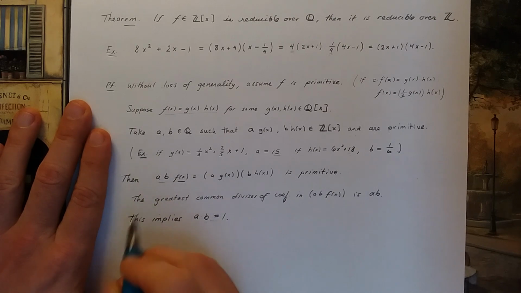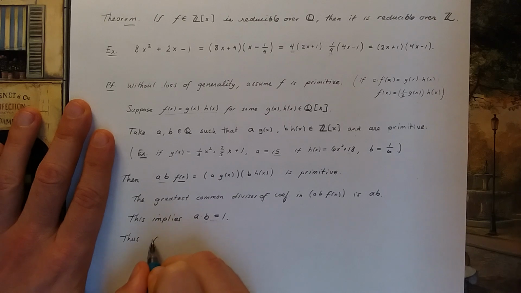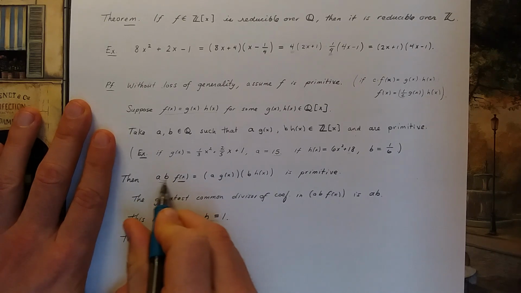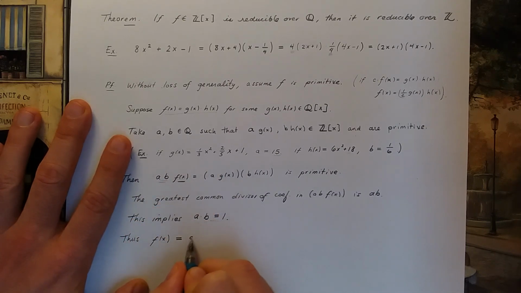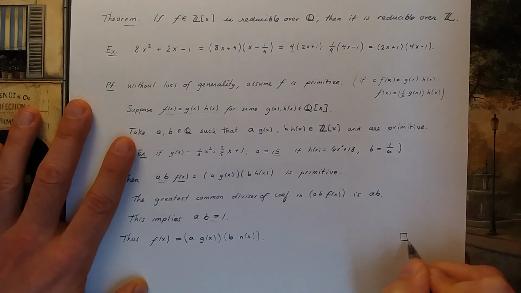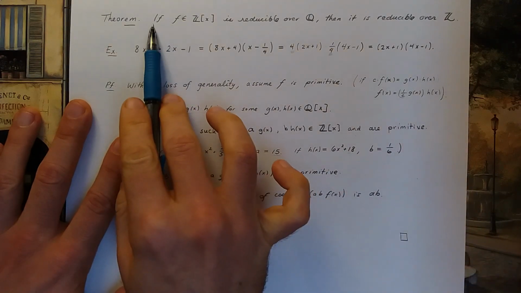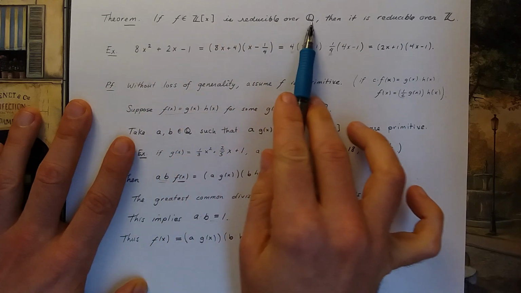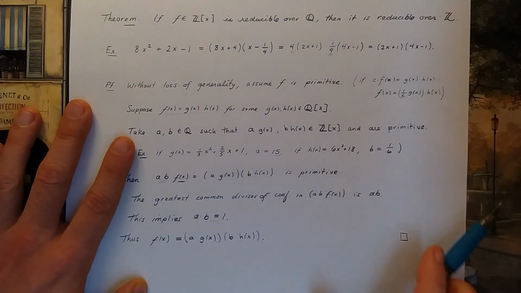That means f of x, with a times b equal to 1, is equal to a g of x times b h of x, and both of these are polynomials with integer coefficients. So I'm done. That is the proof of the theorem. If I start with reducible over Q, it's really reducible over Z.